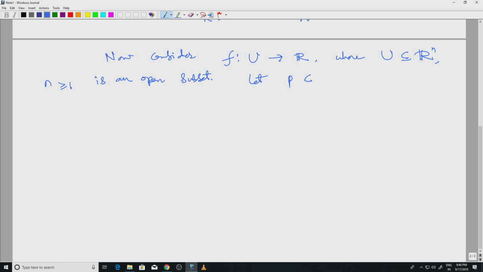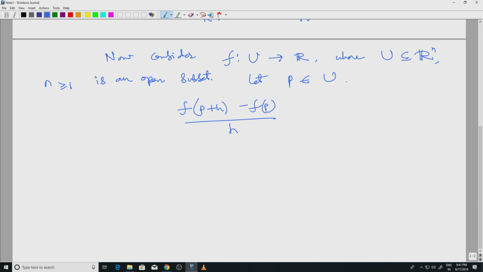Again, I take a point p in U. If I just try to imitate the previous definition, the ratio doesn't make sense, because I'll have (f(p+h) - f(p))/h. Now the point is that this h would be an element of R^n, so I can't divide by an element of R^n. So this ratio doesn't make sense.